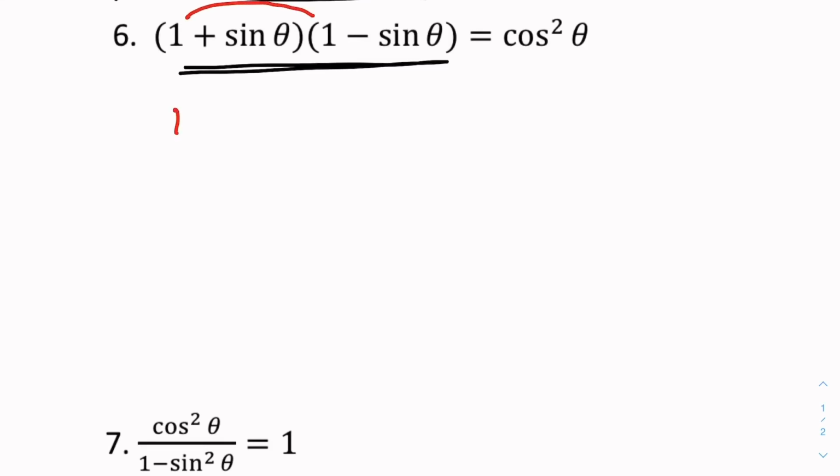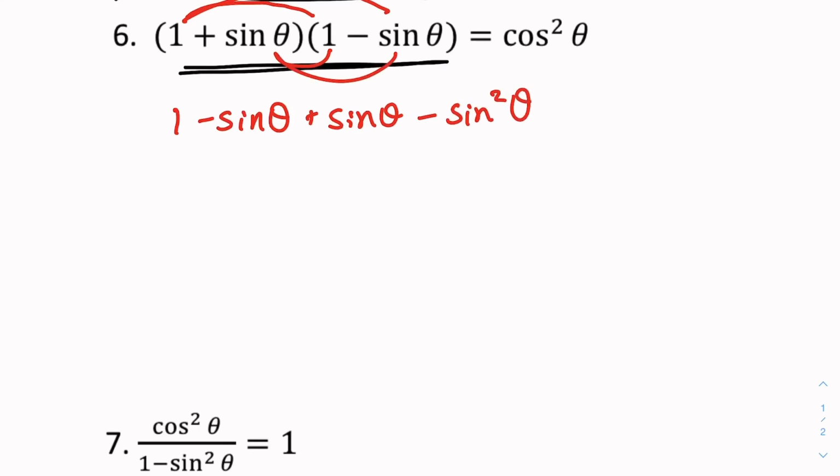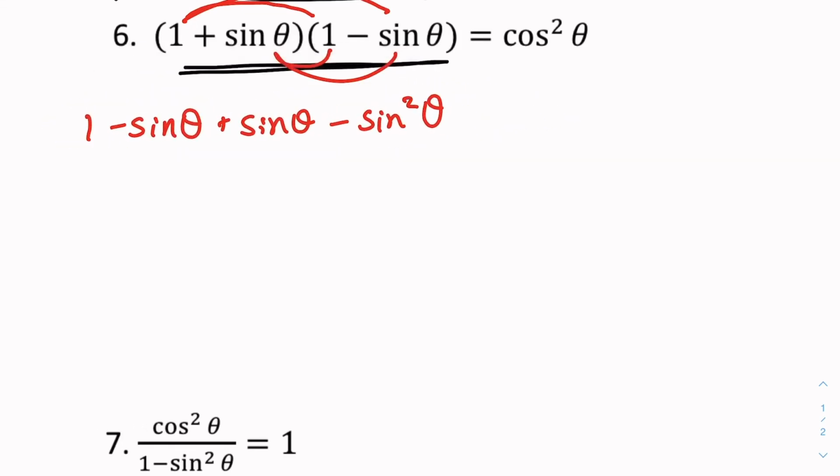So that's going to be 1 minus sine theta plus sine theta. And then a plus and a minus make a minus. Sine times sine is sine squared. I'm going to move this over so I can keep the equal sign in the middle, keep my work nice and neat. And I'm not even going to touch the right side at all.